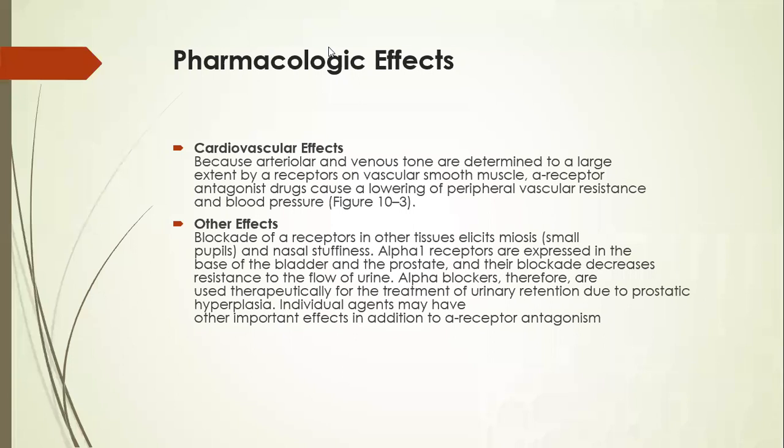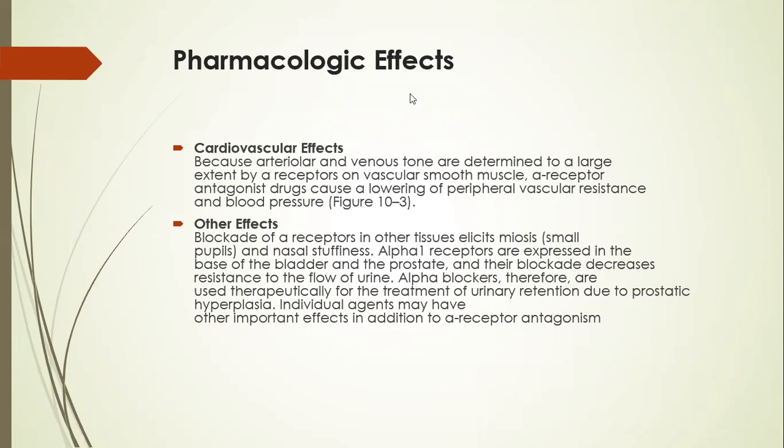Okay. Now, alpha 1 receptors are expressed in the base of the bladder and the prostate, and their blockade decreases resistance to the flow of urine. Okay, so it is used mainly for the urinary bladder, for people who are struggling with urinating.